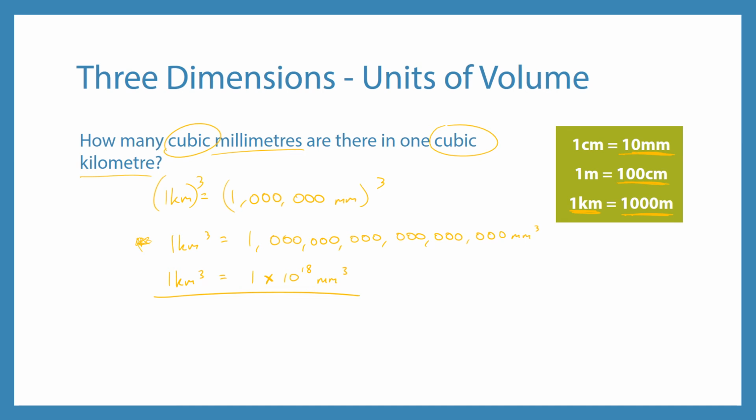If your calculator were to do something like 1 times 10 to the minus 18, it's going to be 0.00, and we go 18 times till we get our 1. So if it's positive, it's going to be a really big number. If it's a negative, it's going to be less than the 0. That's not really important for this, just explaining what it is if it does happen on your calculator.